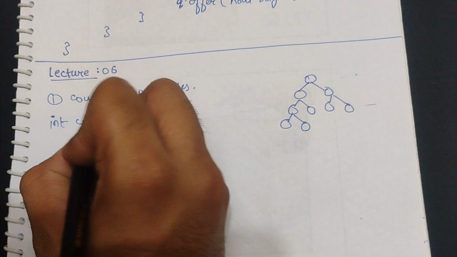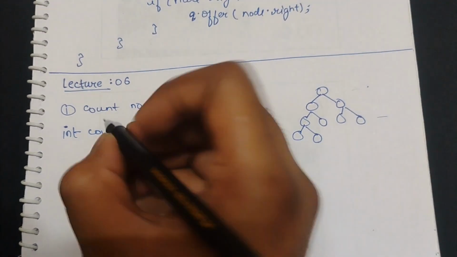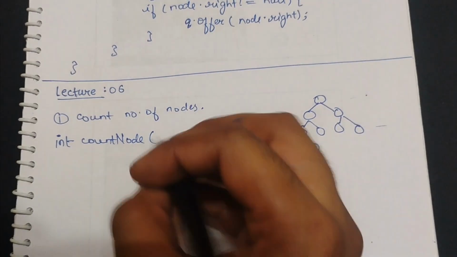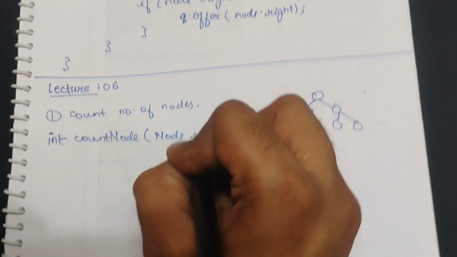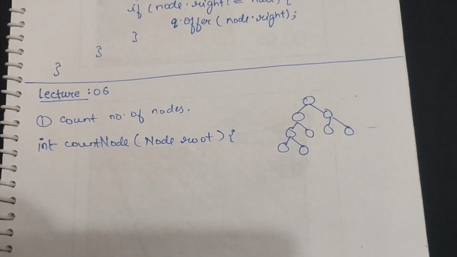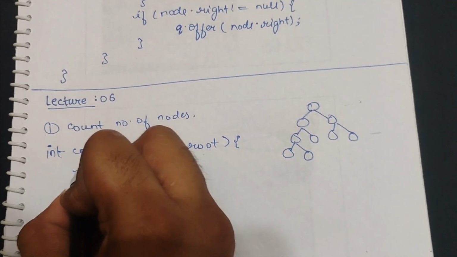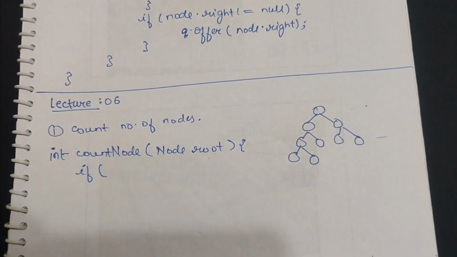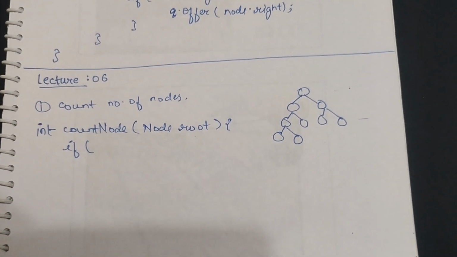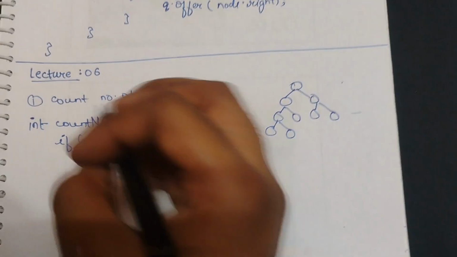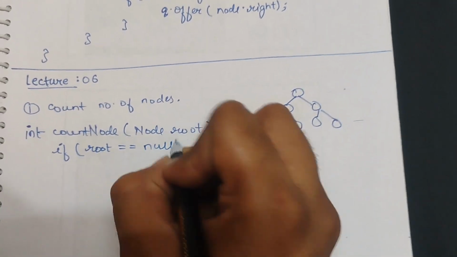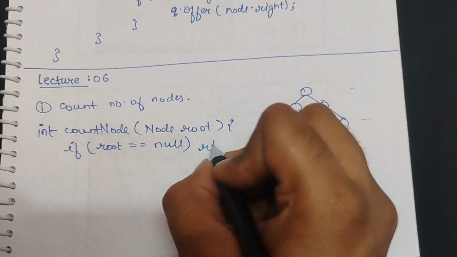I'll name the function count node, and the parameter it will take is the root, that is the node type of the binary tree. For the base case, if the root is null, there is no node, so I'll return 0.